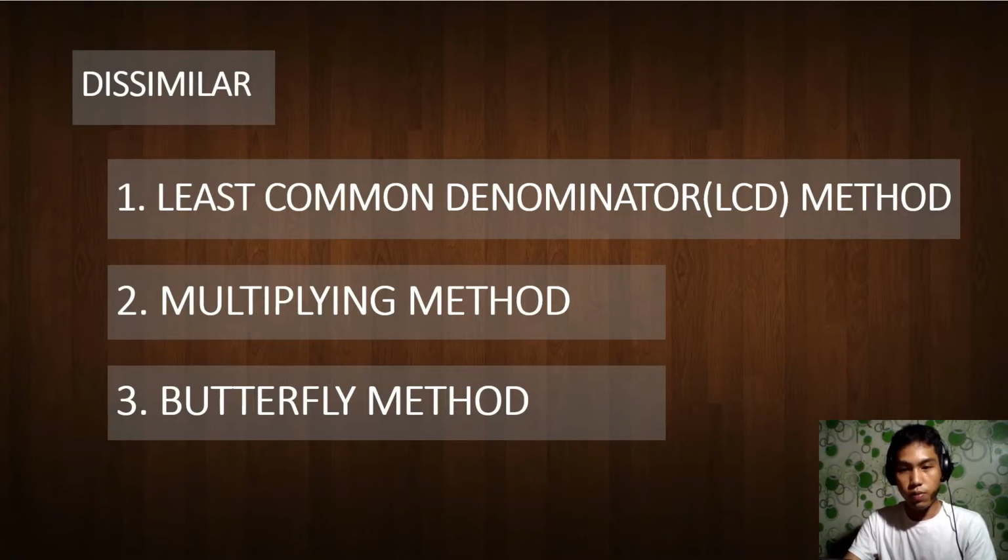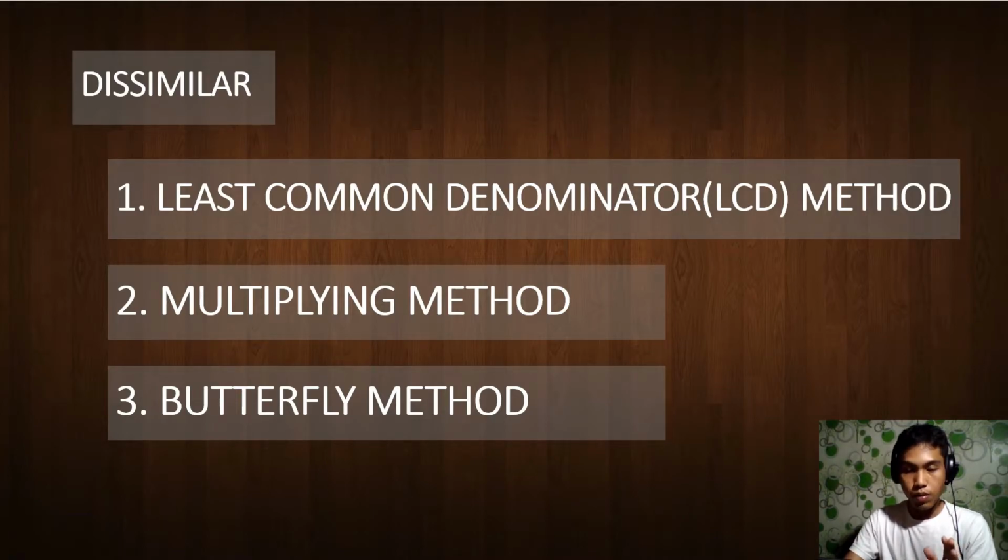The second is the multiplying method. This is somewhat the same as the first, but the process is different. In number 2, we are going to multiply each term by a fraction that will lead us to the uniformity of the denominator.